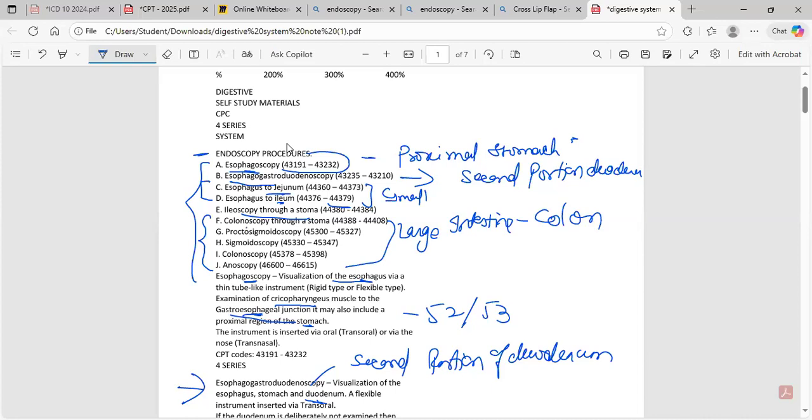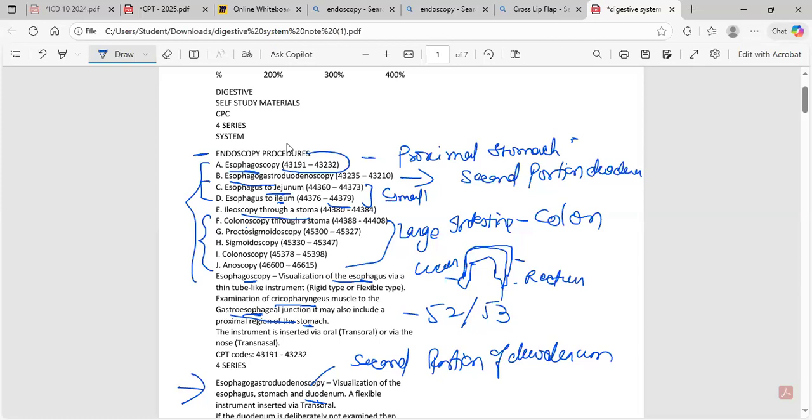We have to bill colonoscopy if it starts through the rectum and reaches the level of the cecum; only then are we going to consider it a colonoscopy. Let's say this is the cecum and this one the rectum. If the scope is inserted to the rectum and reaches the level of the cecum, only then are you going to bill it as a complete colonoscopy.